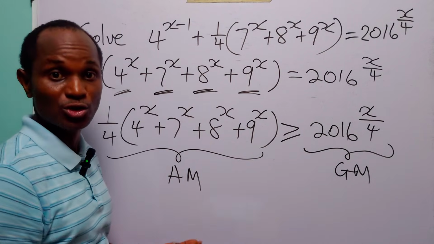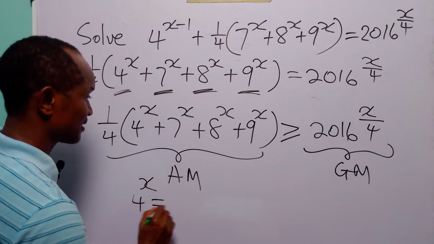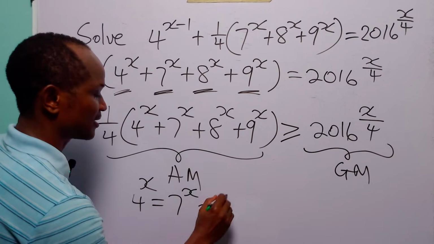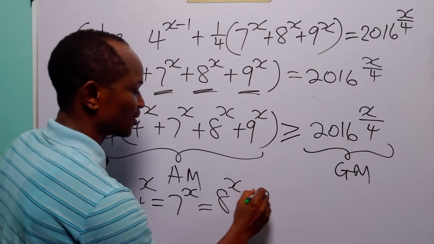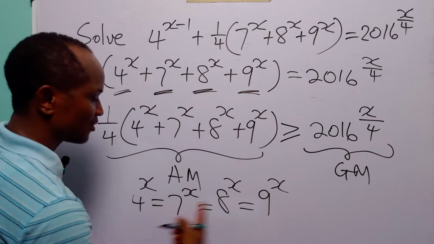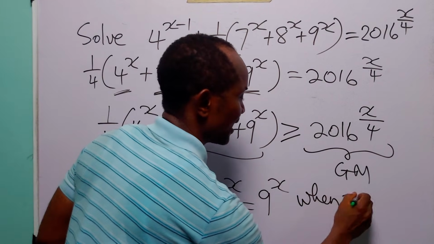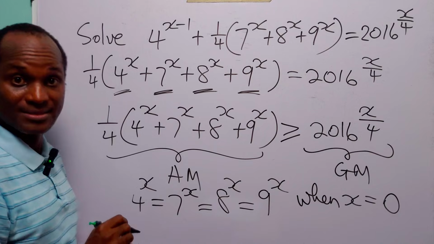So the only conclusion we have is that 4 to the power x is equal to 7 to the power x, equal to 8 to the power x, equal to 9 to the power x. And of course, you know that this equation can only hold when x is equal to 0.